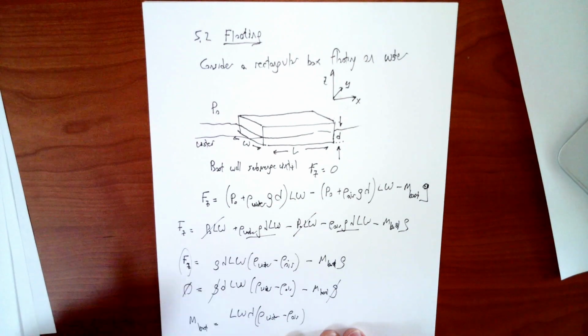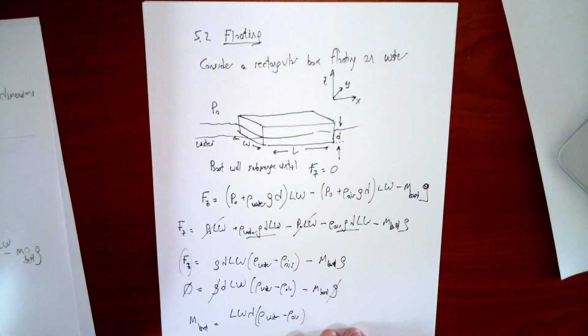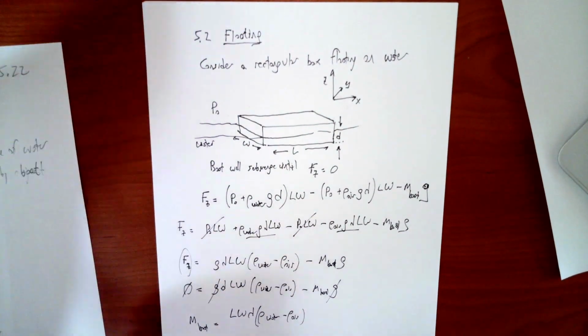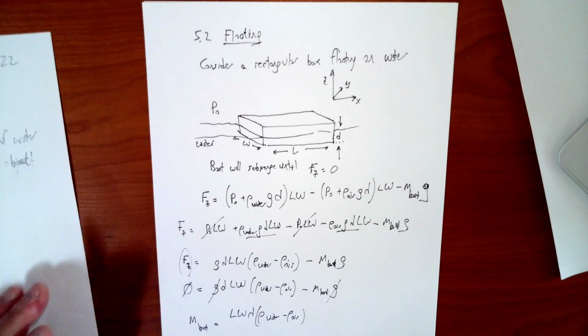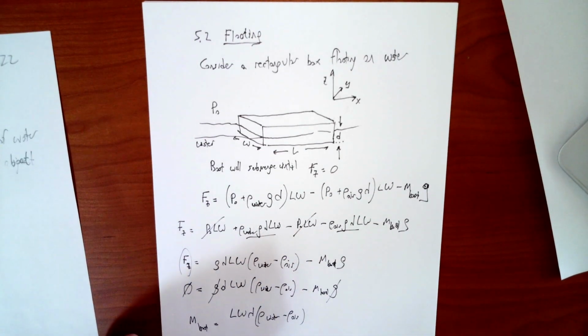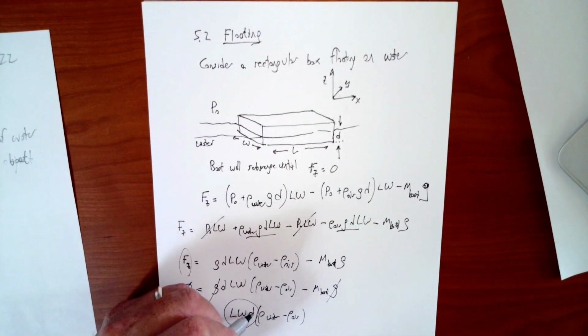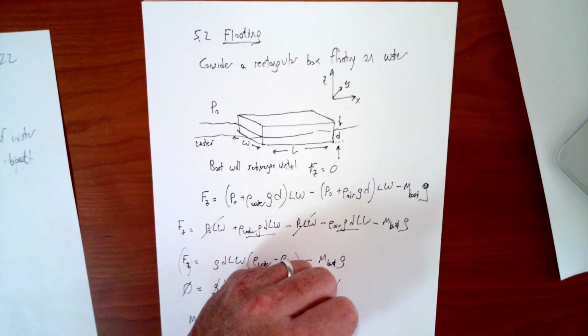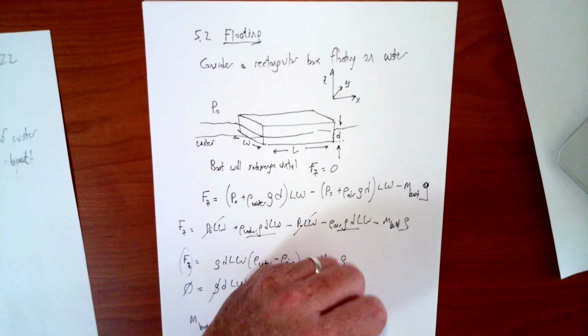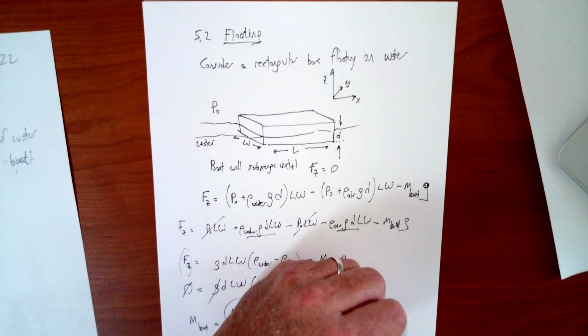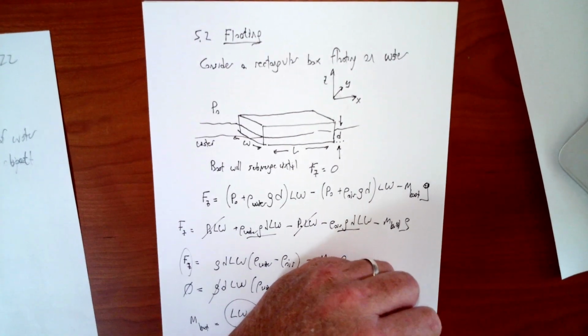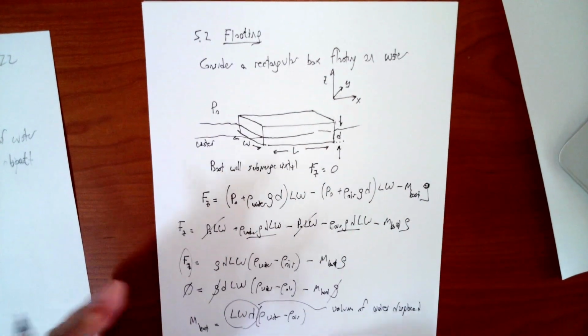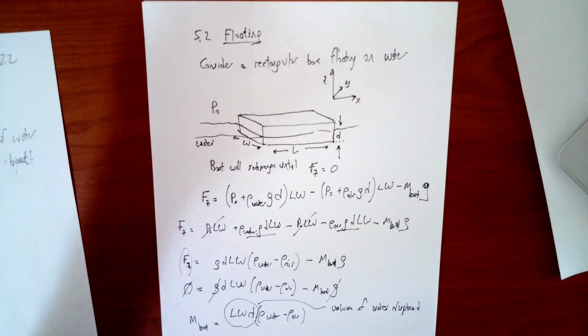So that is the first result we get, which is that the mass of this boat is related in these ways. And notice that this grouping right here, L W D, that's the volume of water displaced by the boat. So the boat has a length of L, a width of W, and it sinks amount D into the water.